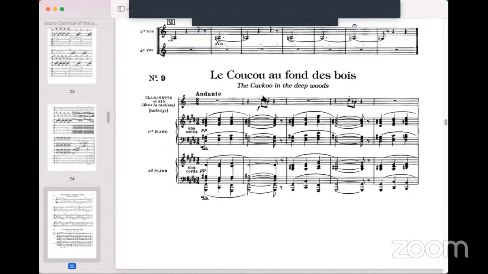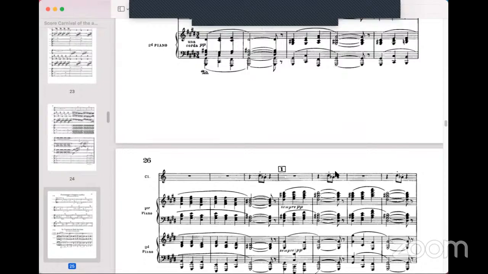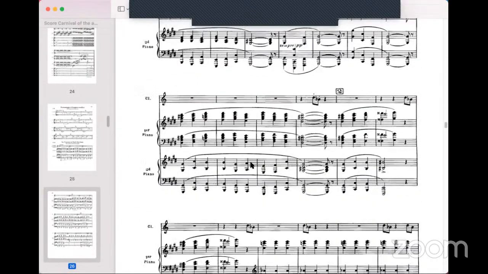The cuckoo in the deep woods. So ta ta ta ta ta ta. The written note is D5 B-flat 4, but it will sound at concert pitch C and A-flat. 1 2 1 2. So the clarinet plays only 2 different pitch notes on this movement.